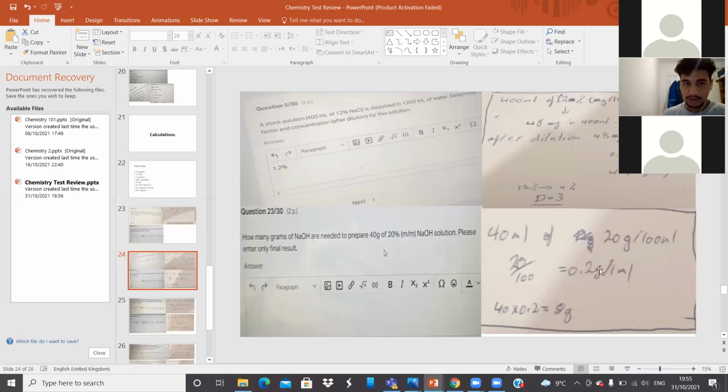In 1 milliliter, 20 over 100 is 0.2 grams. Multiply that by 40 and you get 8. So 8 grams of sodium hydroxide in order to prepare 40 grams of 20% sodium hydroxide.